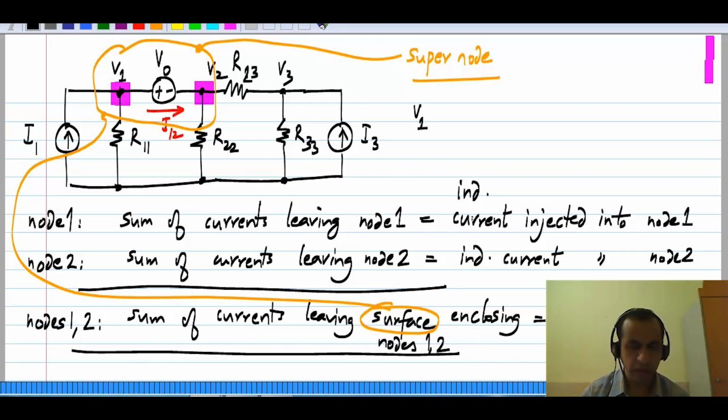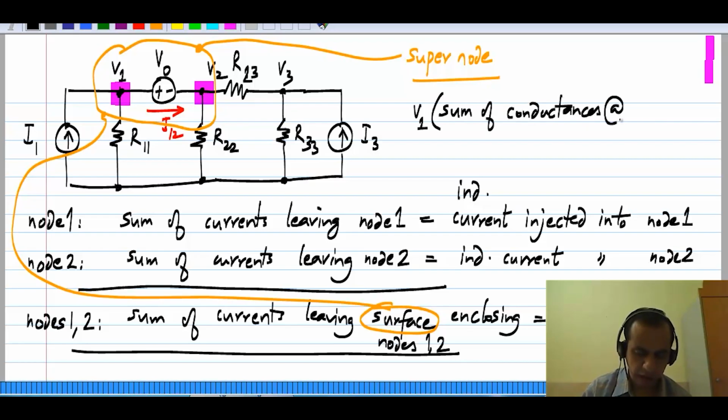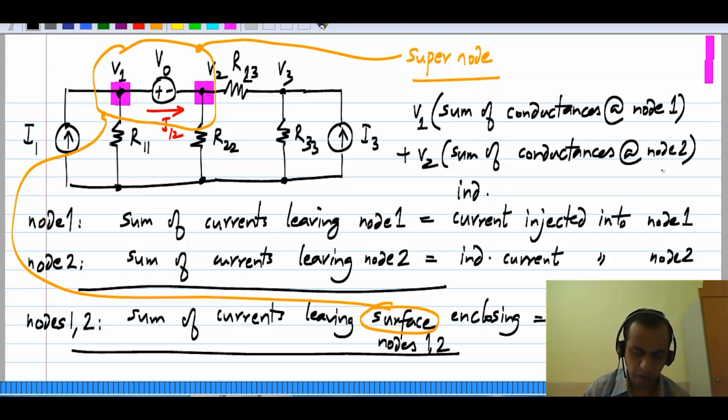V1 will get multiplied by the sum of conductances at node 1, and V2 will also get multiplied by the sum of conductances at node 2, and there will be all the other terms. If you have conductances between node 1 and some other node, you will have other terms corresponding to that. This will be obvious from the example.